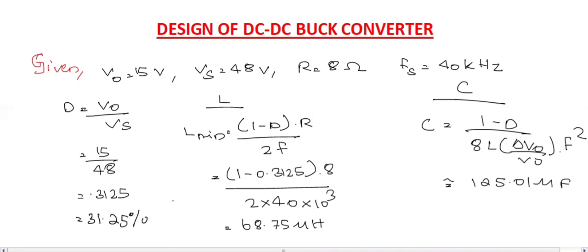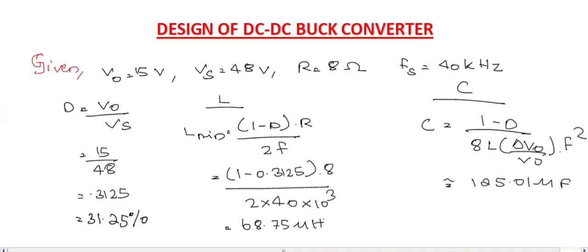So the duty ratio will be 31.25 percent. And when it comes to the value of inductance, we calculate L minimum equal to (1 minus duty ratio) into resistance by 2 into frequency. Duty ratio we have, resistance we have, frequency also we have, 40 kilohertz. So we calculate it as 68.75 microhenry.